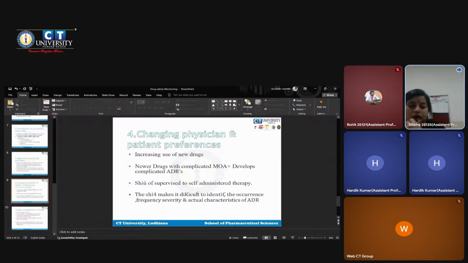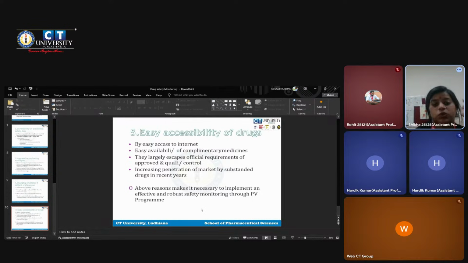Next is the shift from supervised to self-administered therapy. It makes it difficult to identify the occurrence, frequency, severity, and actual characteristics of ADRs.